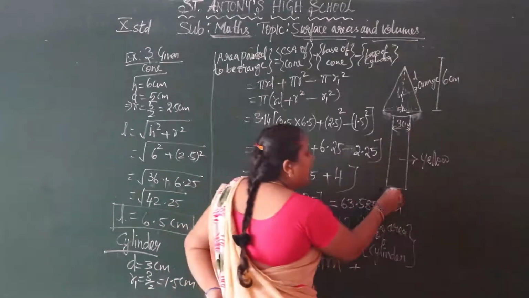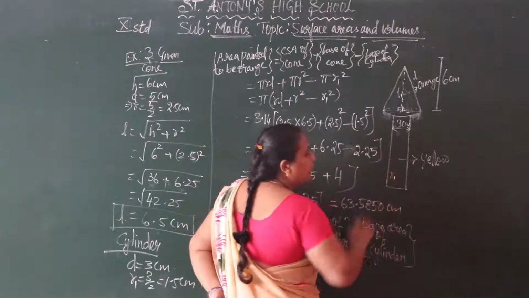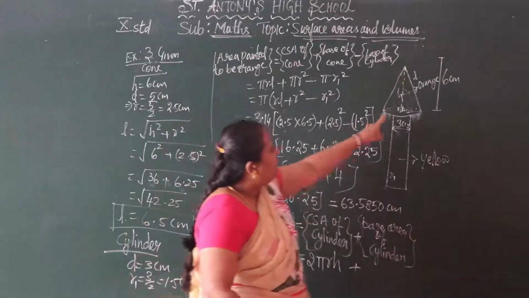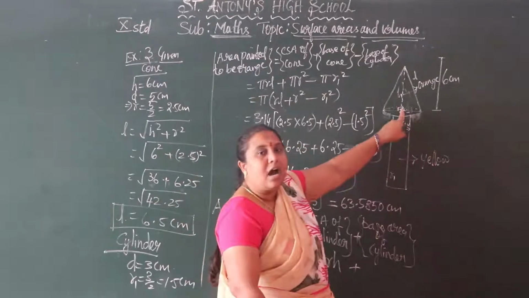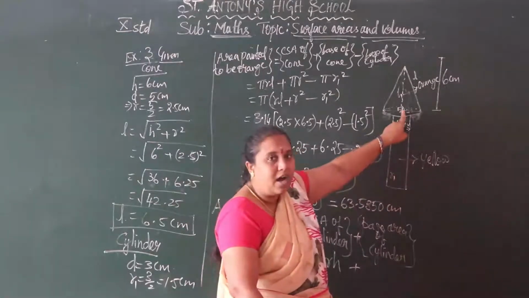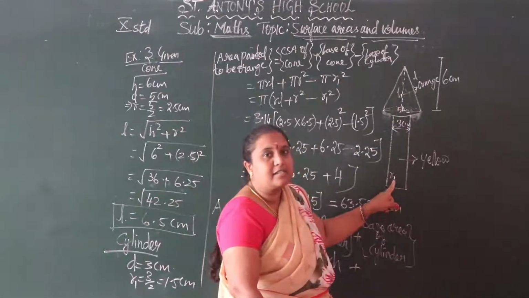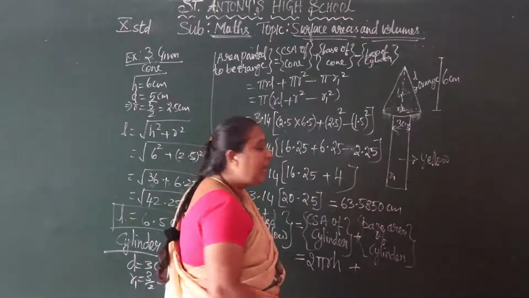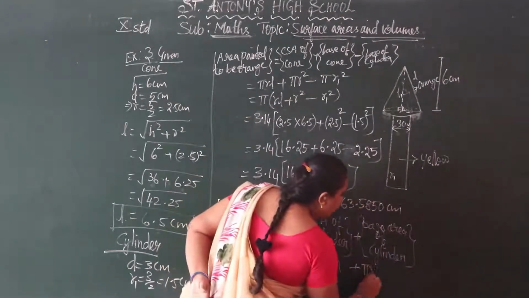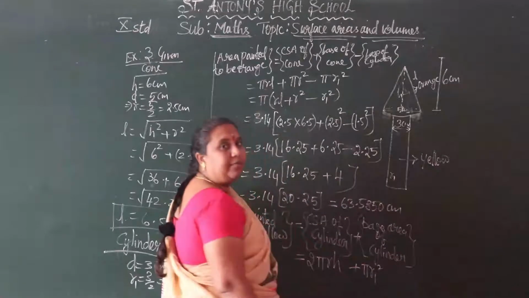Here the cylindrical part has radius r1, and for the conical part we have taken radius r. So we have to write pi r1 square. Understood, children?